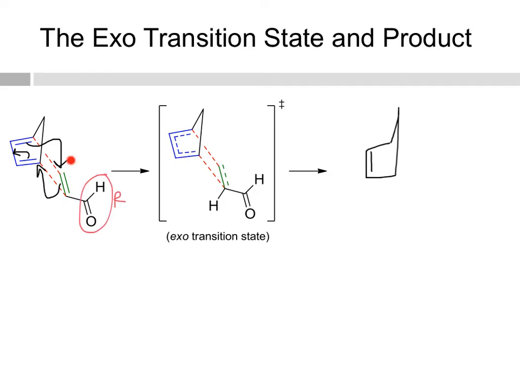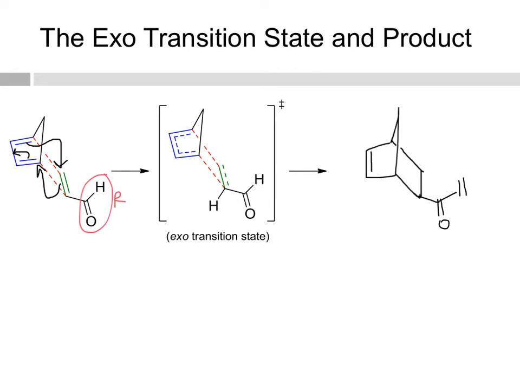And then to our dienophile, I've made these 2 bonds, so I know that there are 2 new bonds here. And then I've got this sigma bond here. Remember that we've broken this pi bond, so now we just have a sigma bond. To this carbon is attached the aldehyde. Okay, so this carbon has the aldehyde.